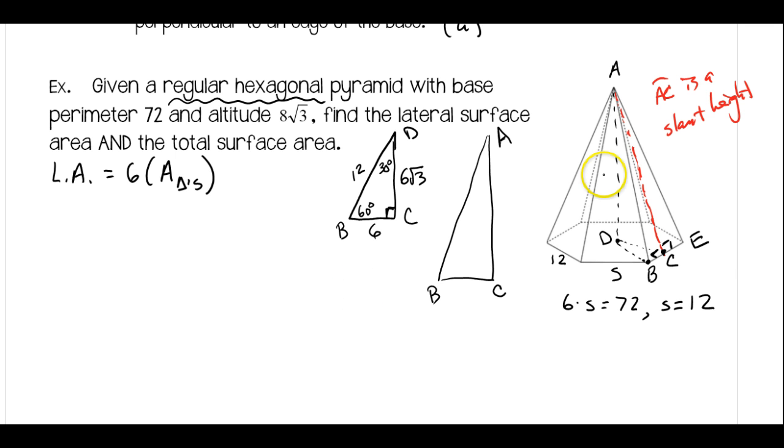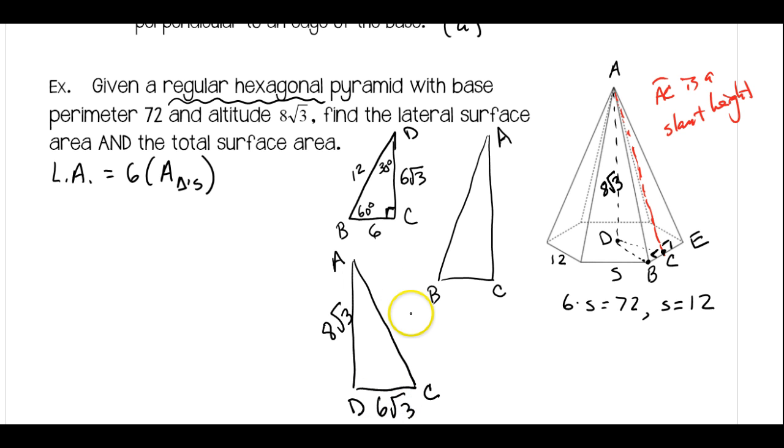So we had an altitude of 8 root 3 in there. 8 root 3, that's my altitude. So let's look at triangle ADC first. Here's A, here's D, here's C. I know that this is 8 root 3. And this is my DC, which is over here, is 6 root 3.